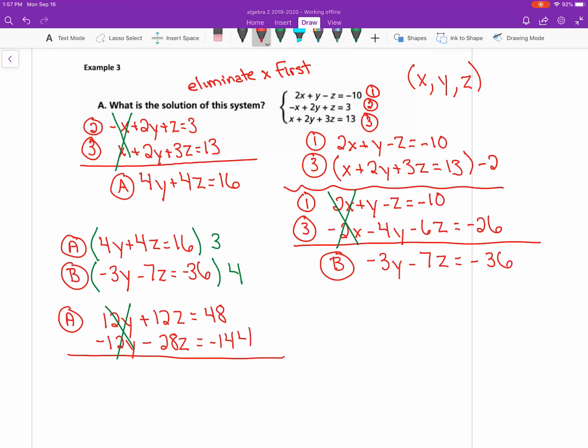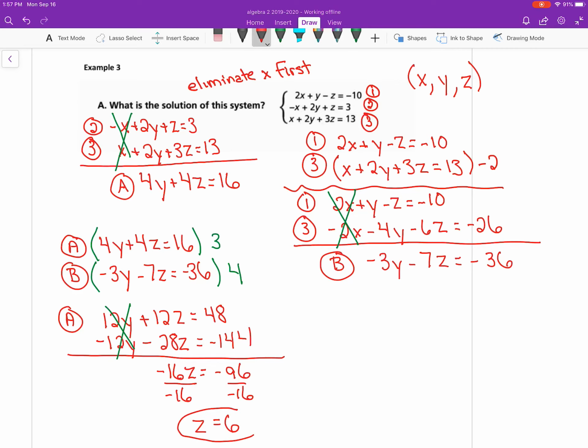So -28z plus 12z gives me -16z equals -96. Divide both sides by -16, and I end up with z equaling 6. So I have a lovely number right there, and z ends up being 6.